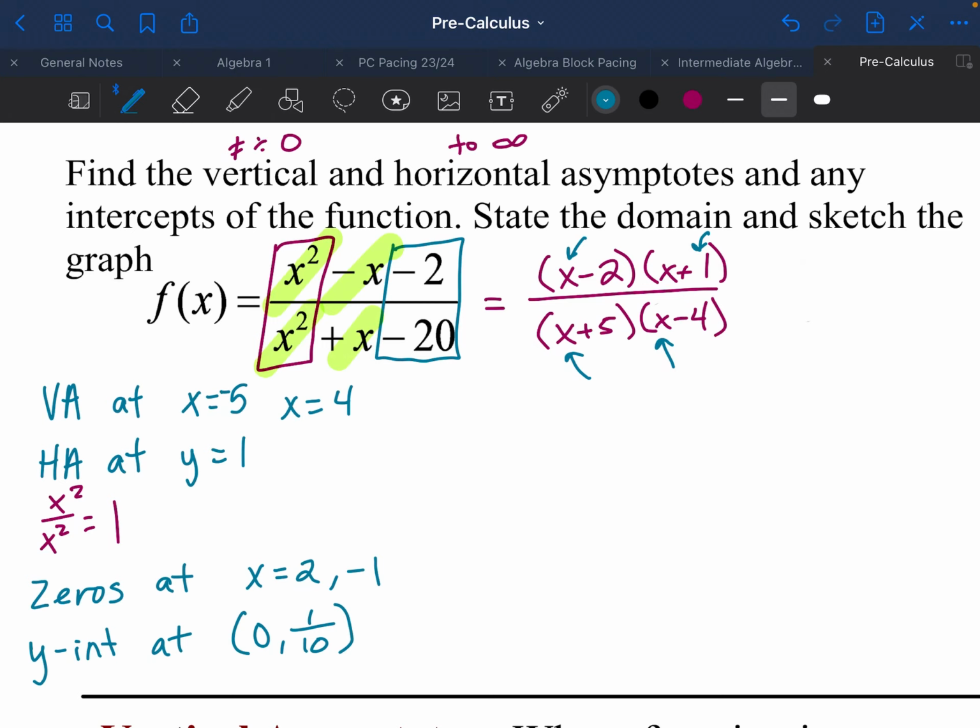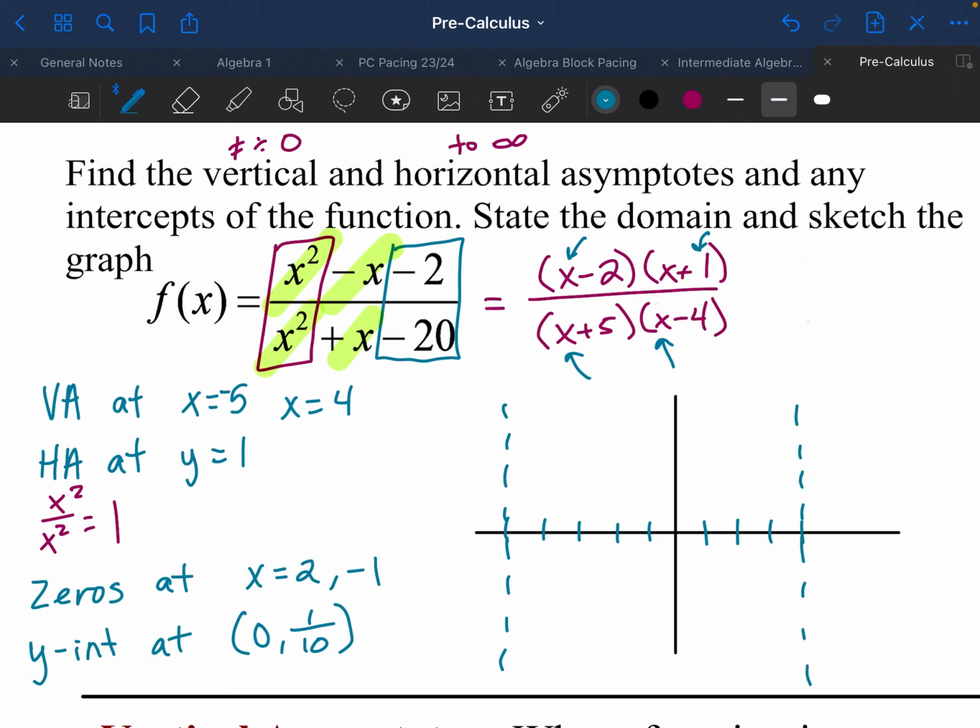State the domain, sketch the graph. I'm going to wait to state the domain. Let's go ahead and graph this. I'm going to start with my vertical asymptotes. It's a rough sketch, so it does not have to be perfect. My horizontal asymptote is at 1.